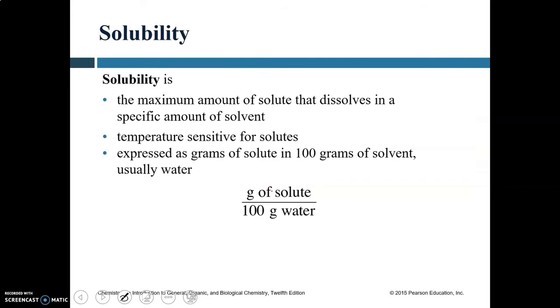So solubility is the maximum amount of a solute that can dissolve in a specific amount of solvent. For solutes, solubility is usually temperature sensitive, and it is usually expressed as the grams of solute in 100 grams of solvent, usually water, like this.